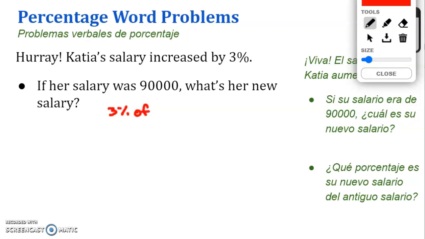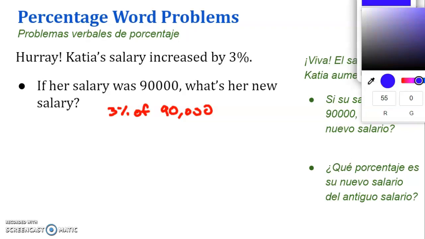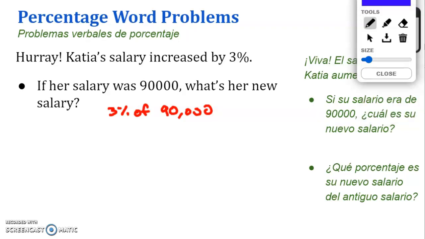To do that, what we need to do is figure out 1%. Currently the decimal place is right here. So I need to figure out 1%, I am going to move these two places to the left. So 1% of 90,000 is 900.